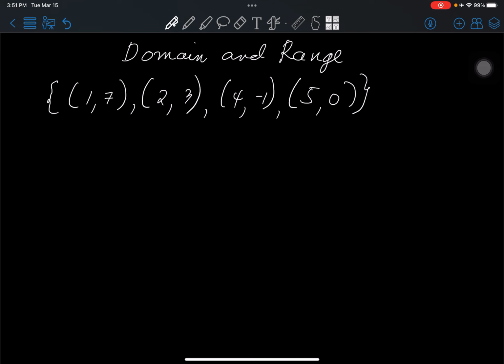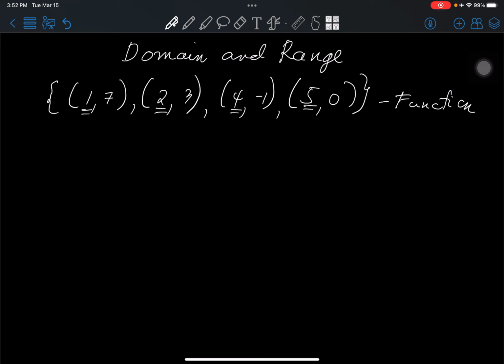When we are talking about functions, as I mentioned earlier, the values of your first element, particularly your input variable, your elements for your x, shouldn't be repeated. So from our example here, this is a function, because as you can see, our x values are unique with each other. They are not repeated.